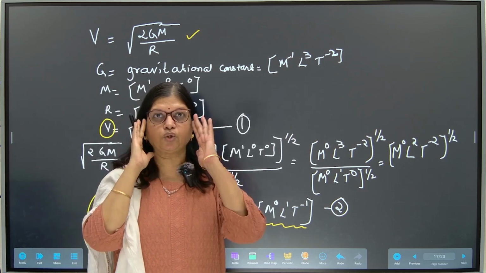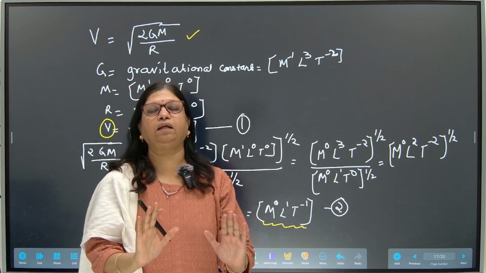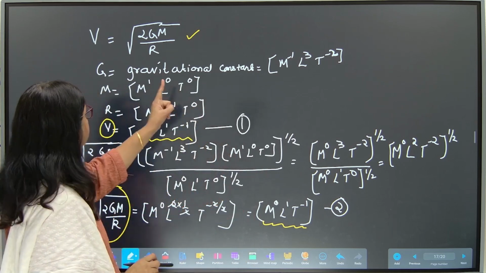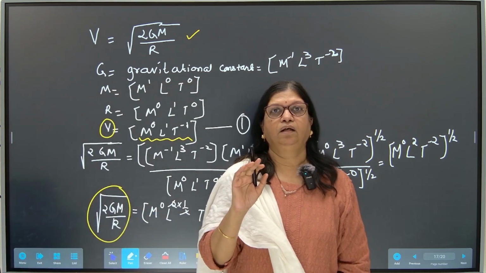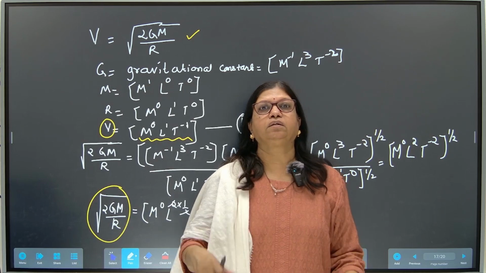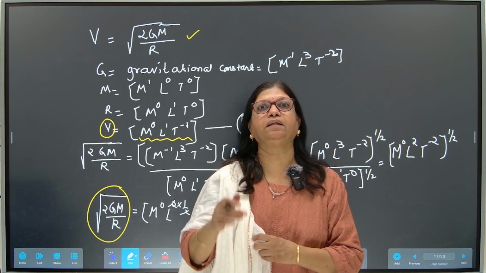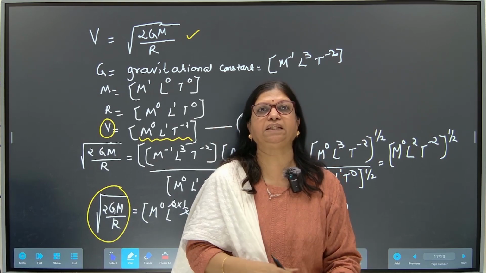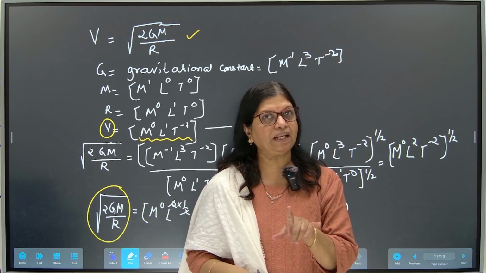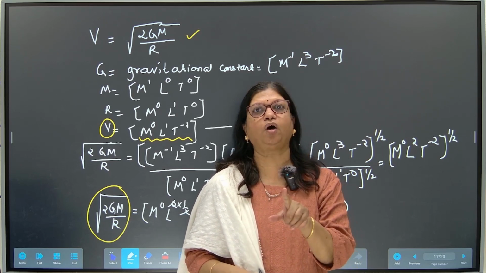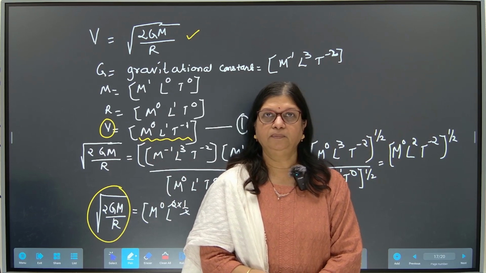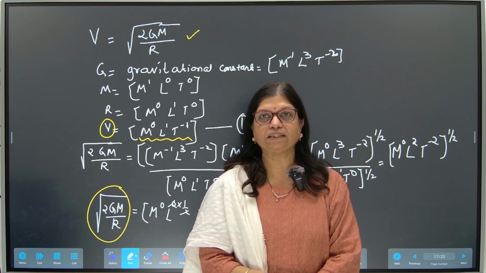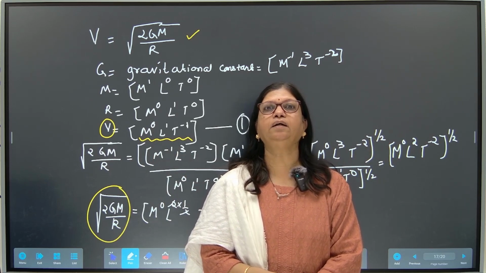Okay. So, very coolly, calmly write down the correct dimensional formula. Most of the students write down the wrong dimensional formula in the beginning step itself. In dimensional analysis, if the beginning is wrong, the end is wrong. Remember that. Okay. So I'll just move on.